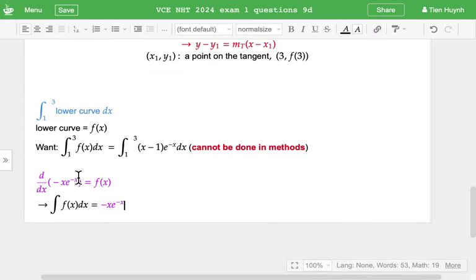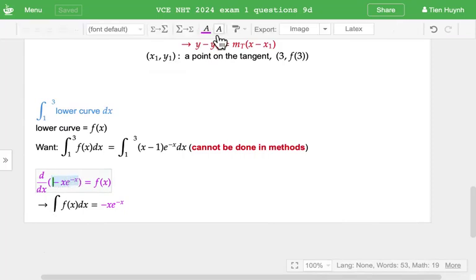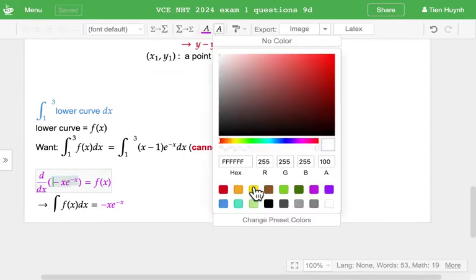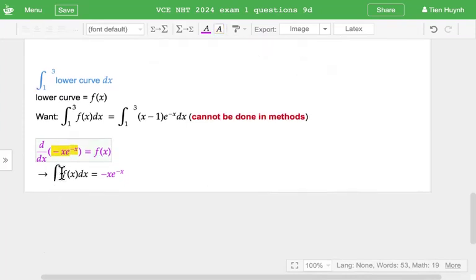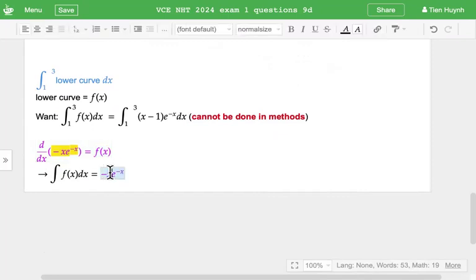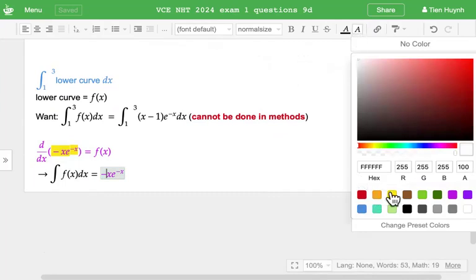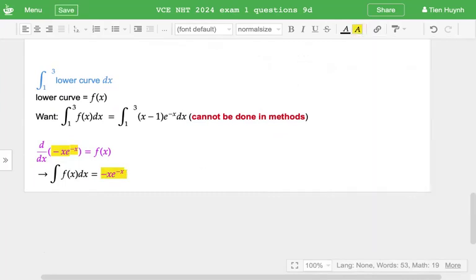Does it make sense? Once again, because when you differentiate this function you have f of x, meaning that when you antidifferentiate f of x here, you should be able to get that same function. I hope it is understandable. And don't forget, you will have the plus c as well.